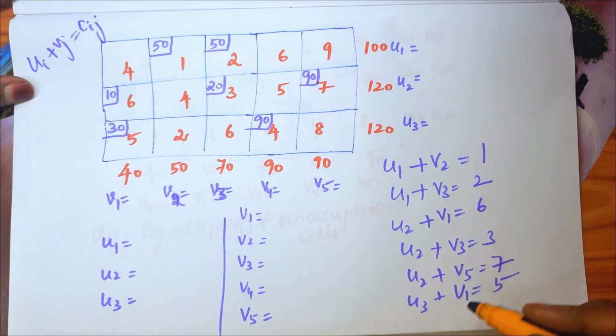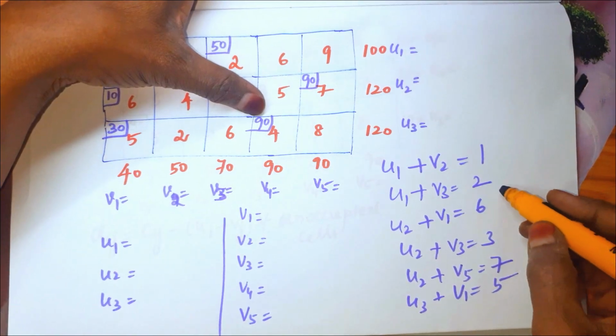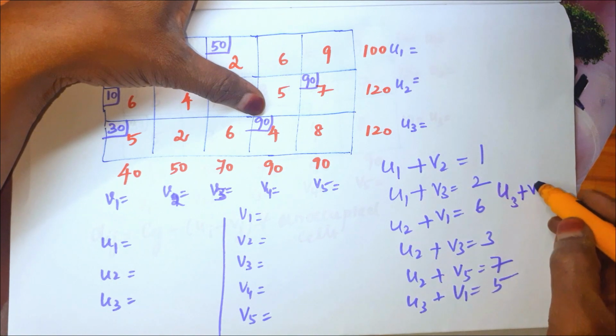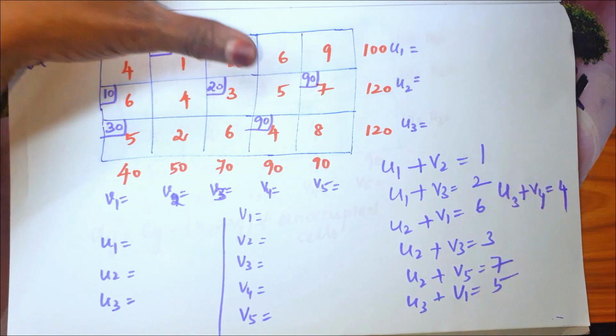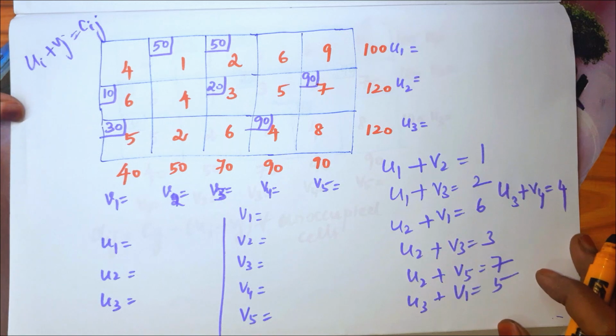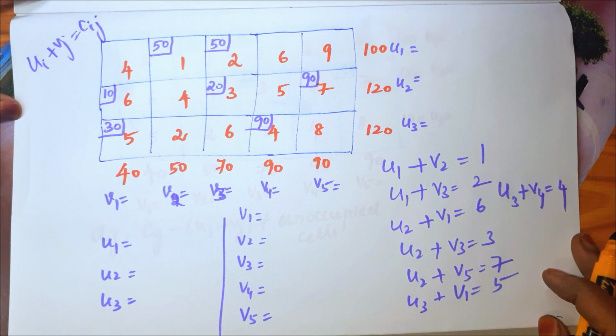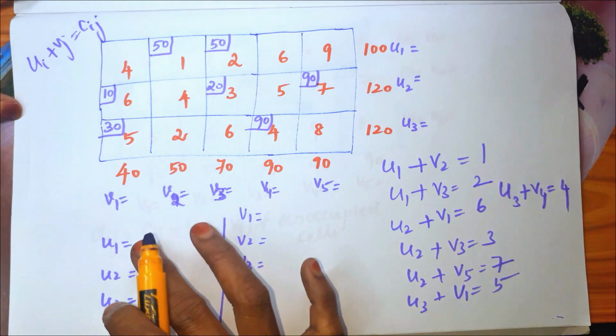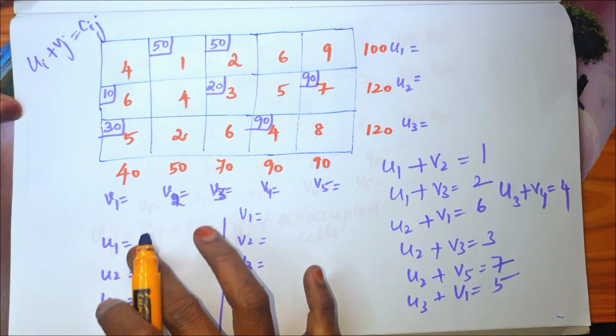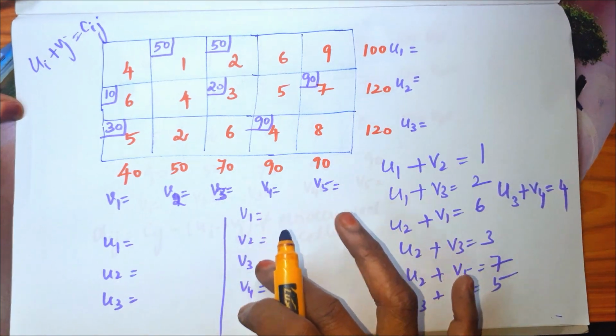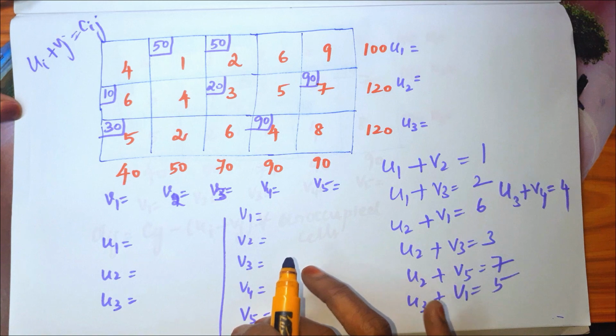And finally what we have is U3 plus V4 equal to 4. These are the equations, 7 equations. Using the 7 equations, we are going to find the independent values for U1, U2, U3, V1, V2, V3, V4, V5. How to start?